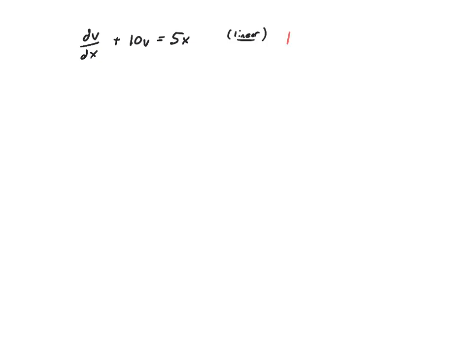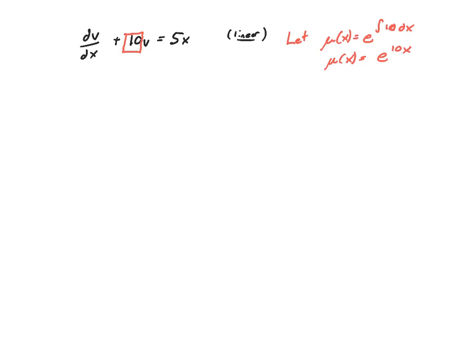So I'm going to let my integrating factor be mu of x, is equal to e to the integral of 10 dx. So don't forget I'm using this little term here to figure out what my integrating factor is. So that means that mu of x is just equal to e to the 10x.